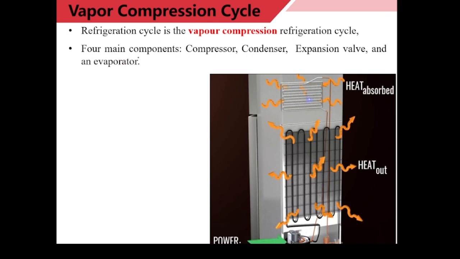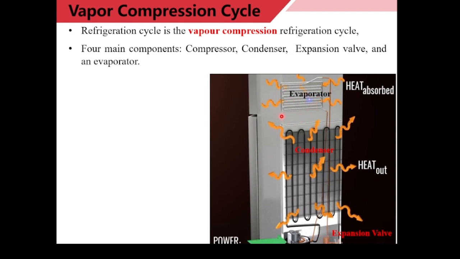In order to understand refrigeration, there is another video in which I have explained the refrigeration system in detail. You can see that. Basically, it has four components: compressor, condenser, expansion valve, and evaporator.